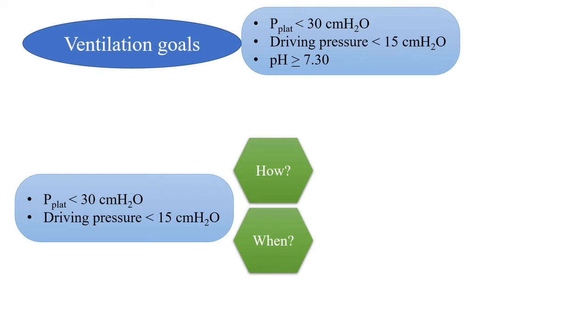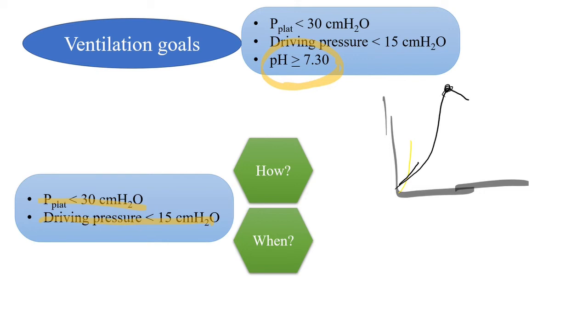As we said, you have very important targets: the plateau pressure to be less than 30, the driving pressure to be less than 15 centimeters of water, and the pH on average to be more than 7.3. We told how to measure the plateau. To revise, either the machine will measure it spontaneously, or sometimes the machine will give you the opportunity to have an end inspiratory pause.